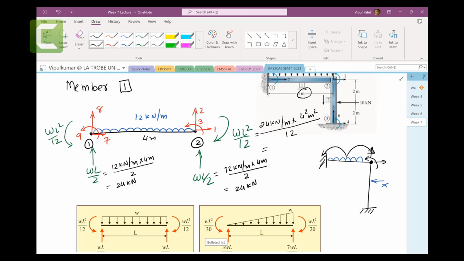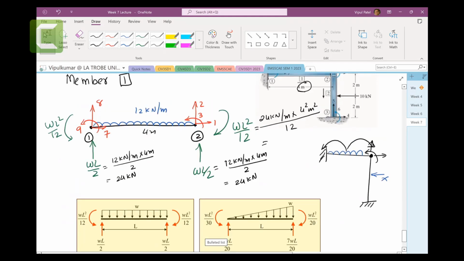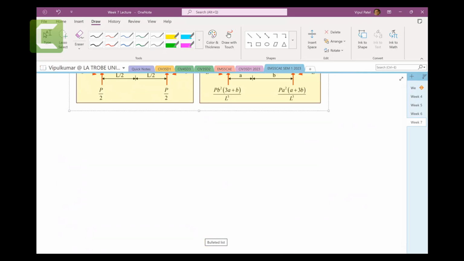Is it correct? Yep, WL square on 12. And that's not 24, that is 12. So 12 times 16 divided by 12, you get 16 kilonewton meters. And similarly here, we got 12 kilonewton per meter times 4 meters squared over 12, so 16 kilonewton meters. Now we got everything here, so we can develop the Q0 matrix, Q01.